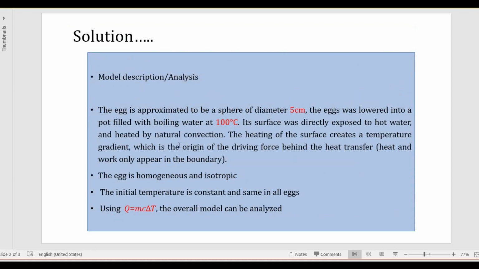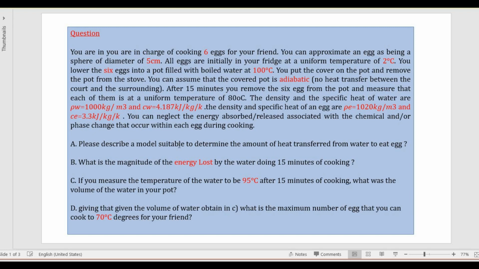From the question, we're given the analysis that we should approximate an egg into a sphere, which we have already taken account of, and the egg should also be homogeneous and isentropic, which means the entropy of the egg should be the same at each point in time, and the initial temperature is constant, which was given as 2 degrees Celsius, and we should model the amount of heat transferred from the water to the egg.